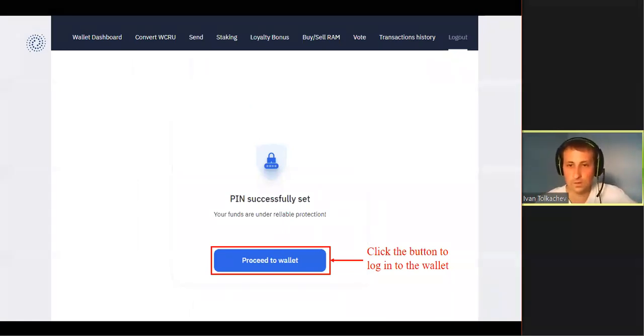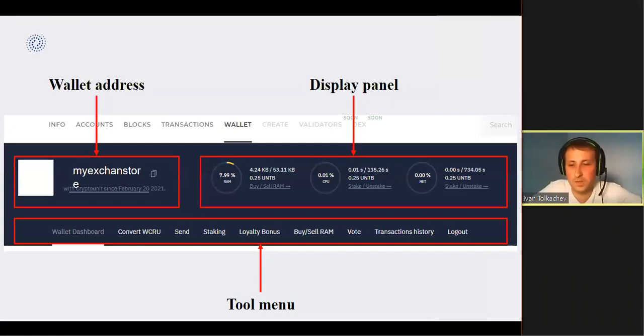And after the PIN is successfully set, you may proceed to the wallet. You click the button to log in to the wallet. Many people are confused by this page because it is another window to confirm your PIN code. Here you are forwarded to the blockchain wallet. And now let us have a look at the interface of our wallet.